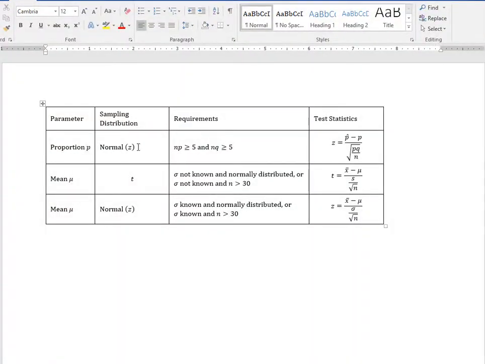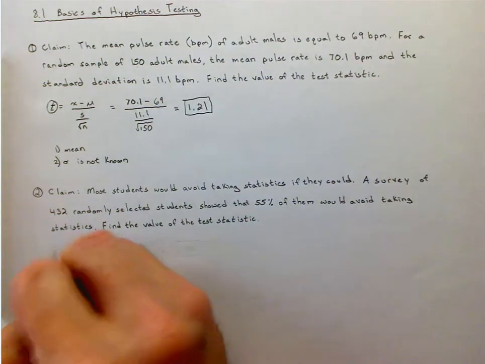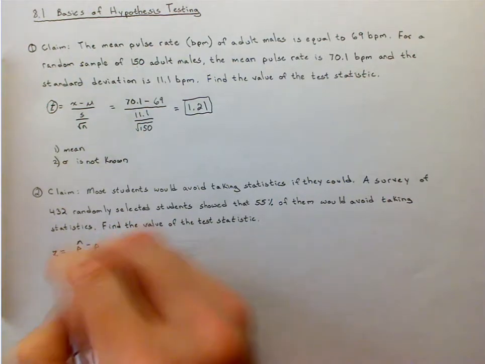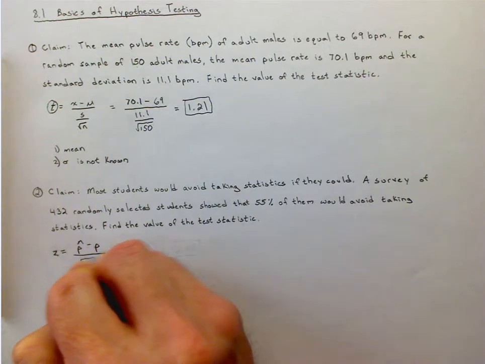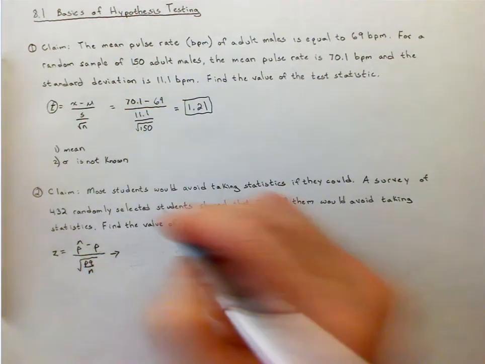See, proportion, z equals, and that'll be my formula. So I've identified my test statistic. And now I plug in my values.